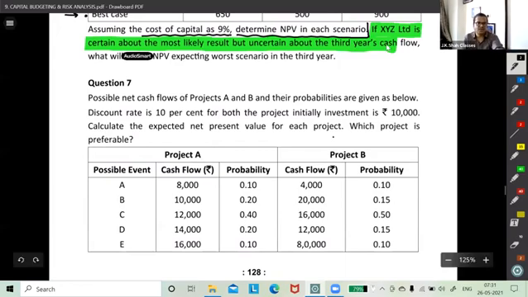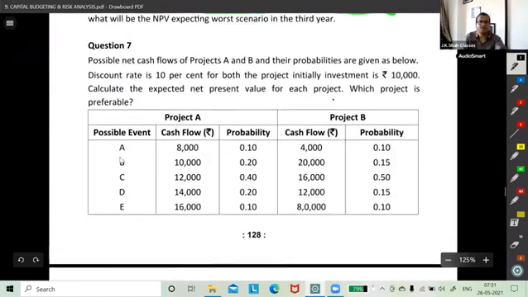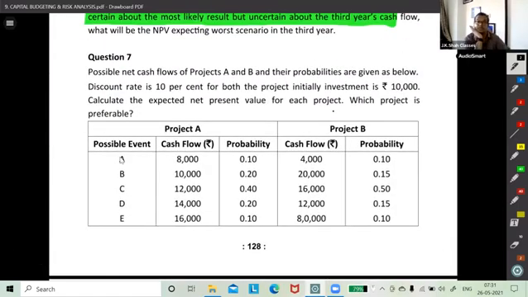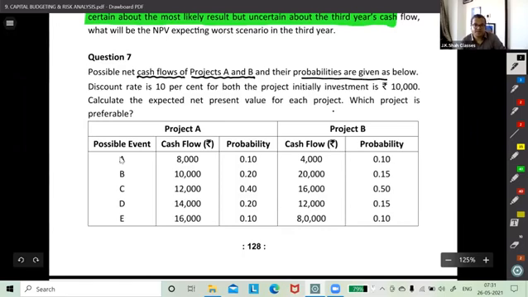So let's read the question and then we'll discuss a little more. See, possible net cash flows of project A and B and their probabilities are given. Discount rate is 10%.